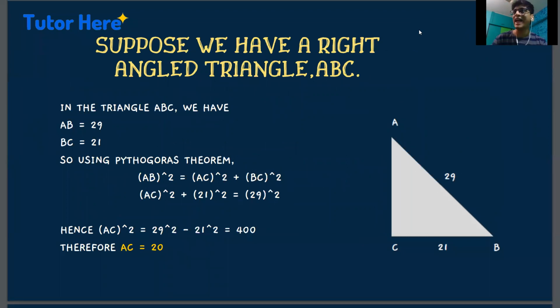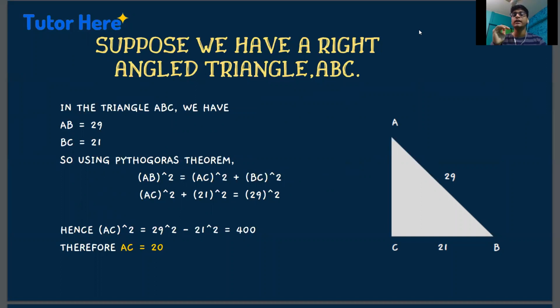Let's take triangle ABC again, which we are doing quite often. In the triangle ABC, we have AB is 29 units and BC is 21 units. So using Pythagoras theorem, AB square is equal to AC square plus BC square. Therefore, by substituting the values in the formula, AC square plus 21 square is equal to 29 square.